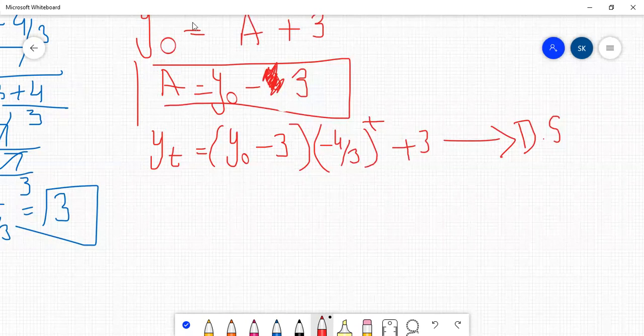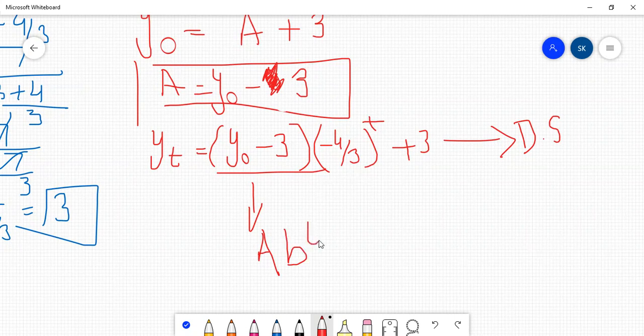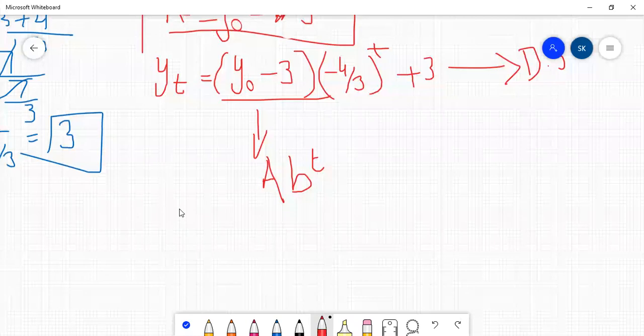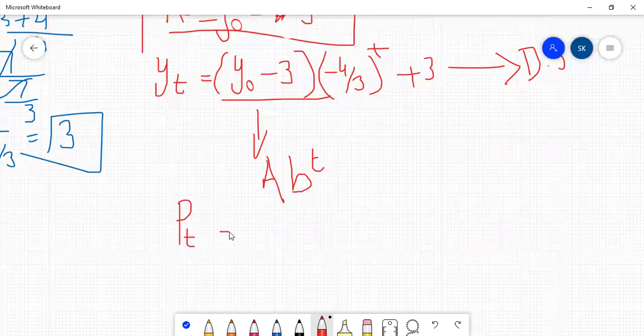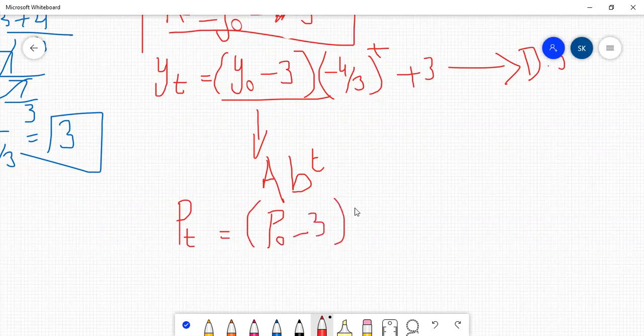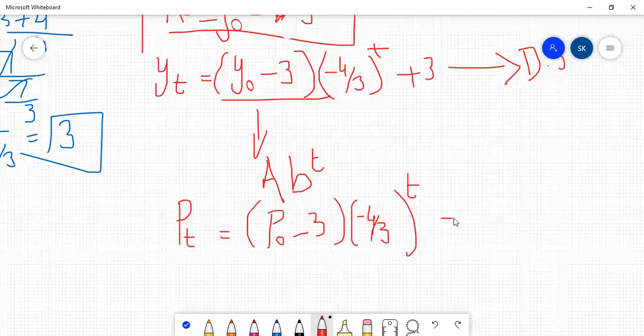Again, we very well know that this y naught minus 3 is the a part of the solution. This minus 4 by 3 is the b part of the solution, and this is t. So what we do next is that we change the terms from y to p. Therefore, p_t is equal to (p naught minus 3) multiplied by (minus 4 by 3), the whole raised to power t, plus 3.